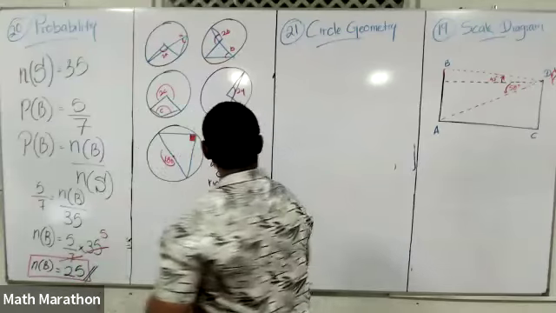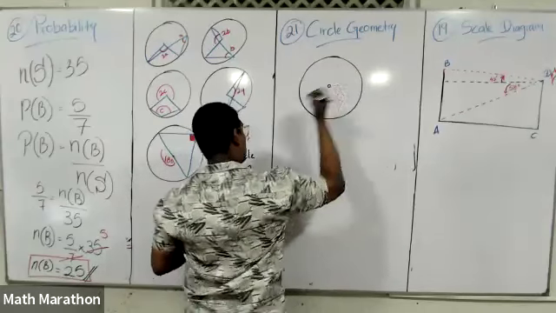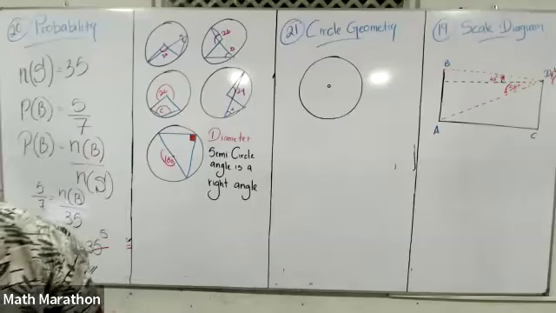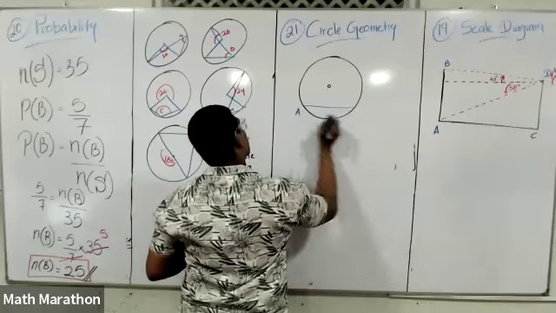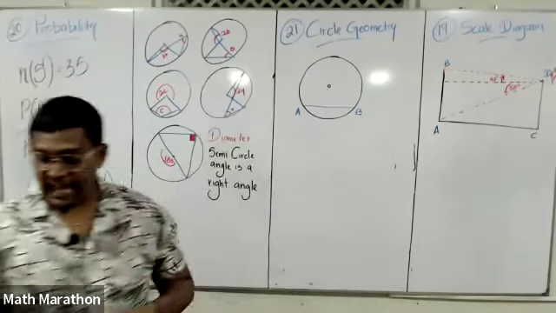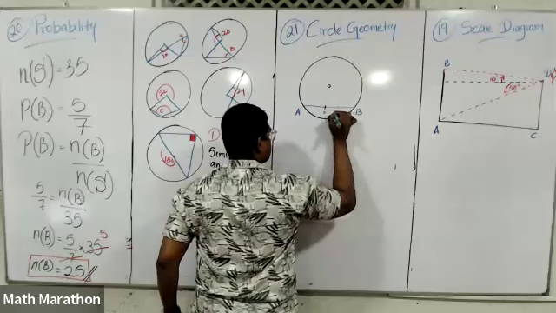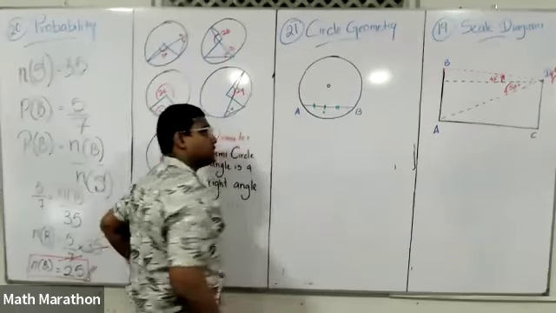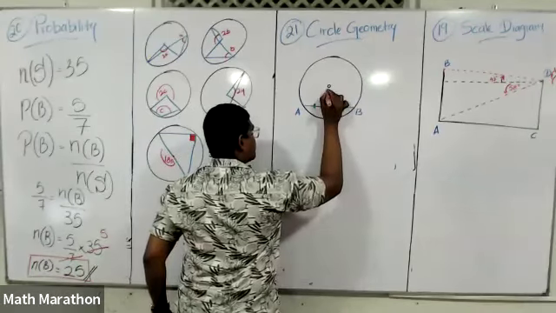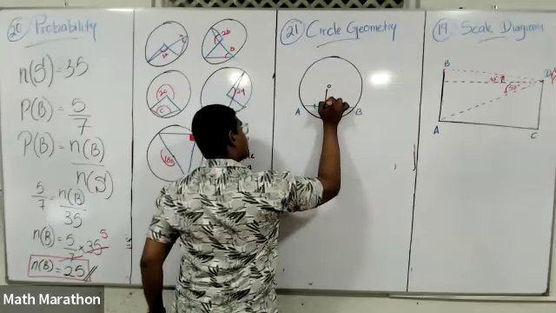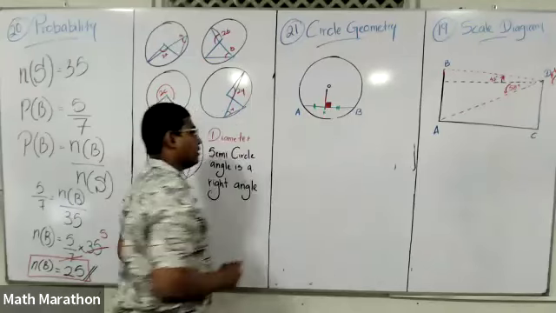The theory is, we have a circle with center O. What we do is, I take a chord AB. I will measure the length and mark the midpoint as X. This is equal to this. That's the midpoint. Clear? So when I connect the center of the circle with the midpoint of the chord, it will be 90 degrees or perpendicular.